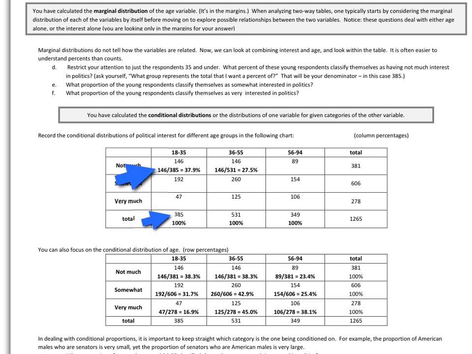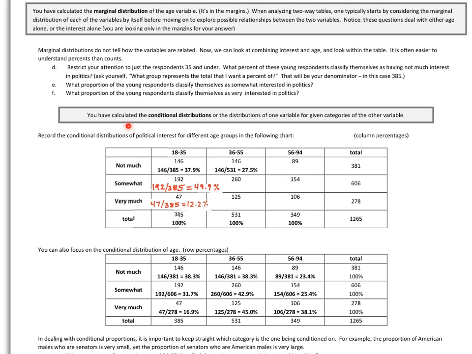So try answering E and F right now. Go ahead and pause the video and try answering questions E and F. Did you get 49.9% of 18 to 35-year-olds were somewhat interested, and 12.2% of 18 to 35-year-olds were very much interested in politics?